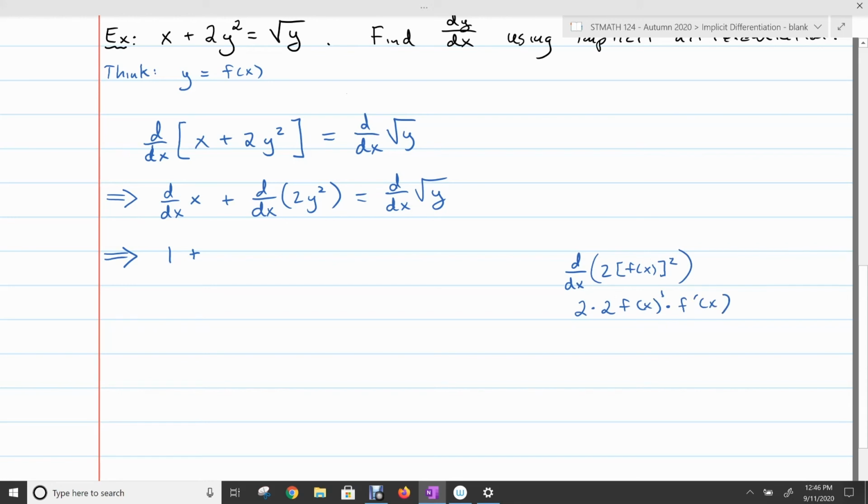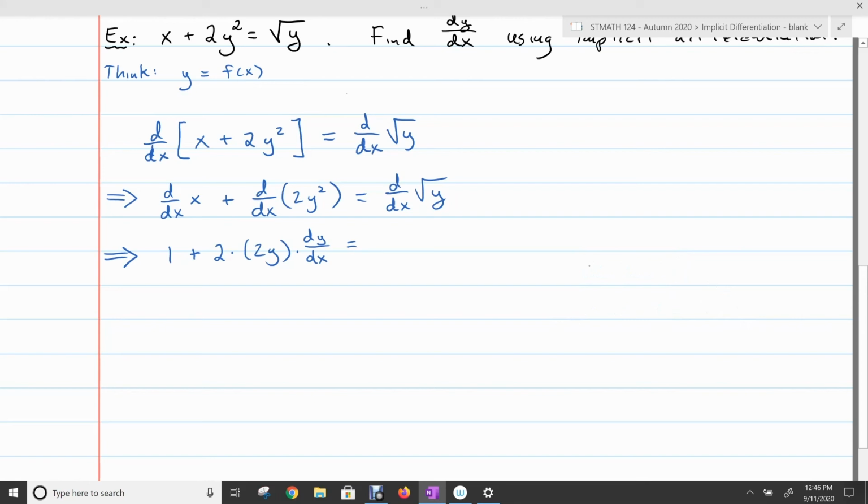So I'm going to do exactly that, but instead of calling it f of x, I'm going to call it y. So what I would end up with is pull the 2 out, then I get the derivative of y squared is 2y, but then I've got to use the chain rule and multiply times dy dx, or y prime, whatever you want to call it. Okay, so a dy dx popped out.